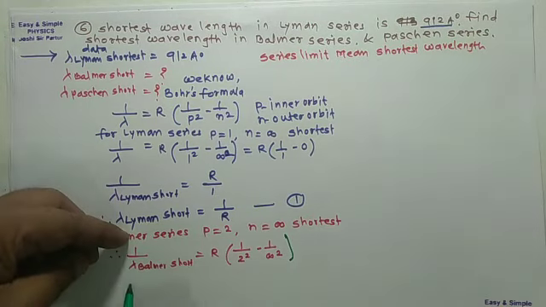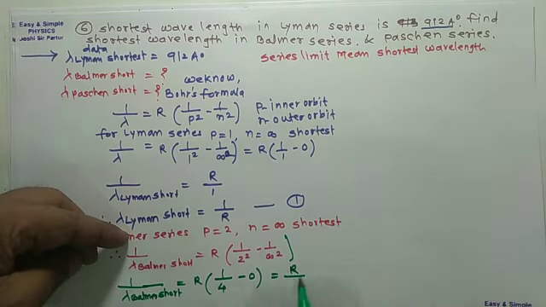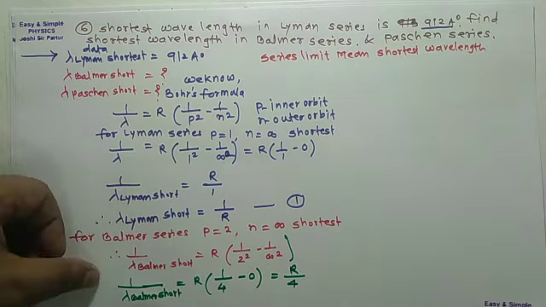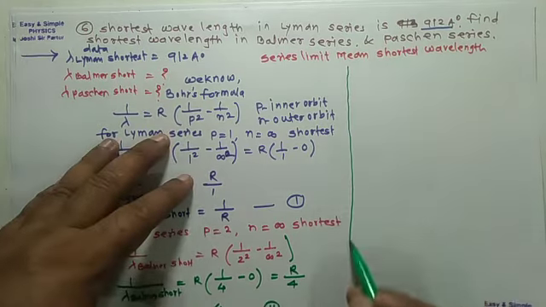So here we can write 1 upon lambda Balmer shortest is equal to R in bracket 1 upon 4 minus 0, which is equal to R upon 4. Therefore, lambda Balmer shortest is equal to 4 upon R. Equation number 2.